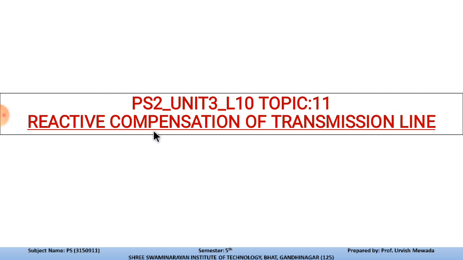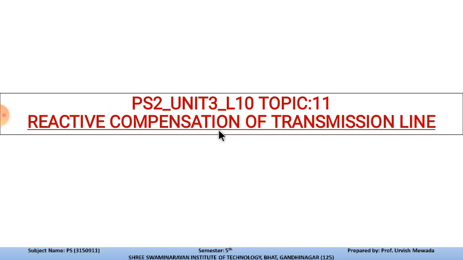So reactive power basically generates due to the components which are present in the transmission system. In the transmission system generally we consider R plus jX for the transmission line, where R is the resistance of the transmission line itself and X is the reactance of the transmission line itself.